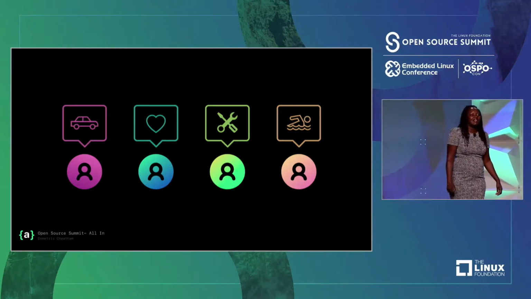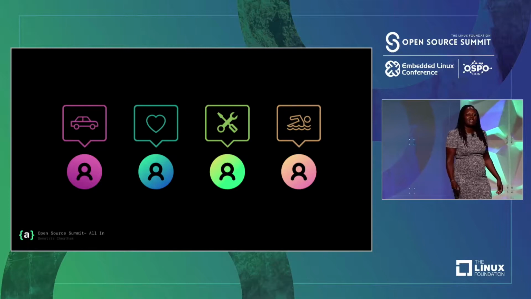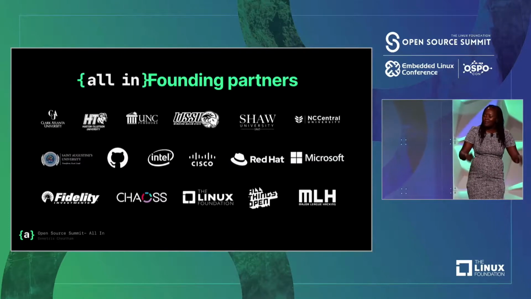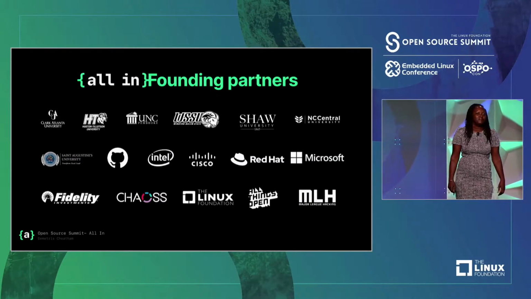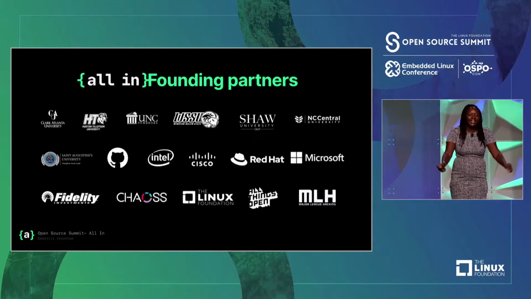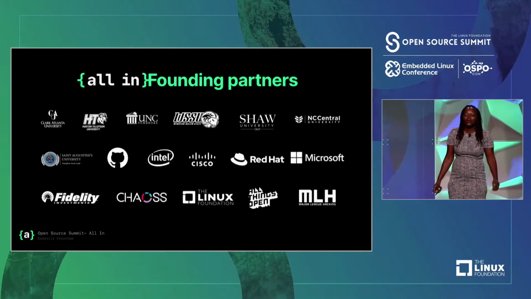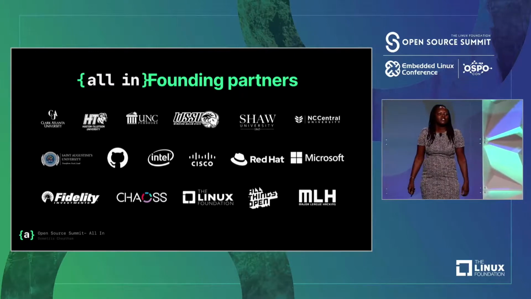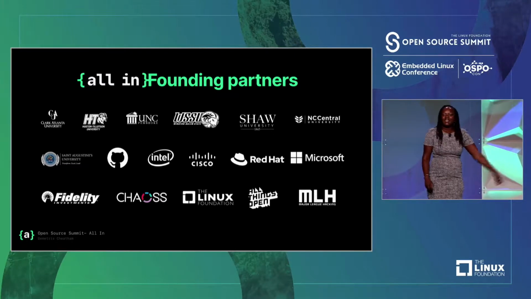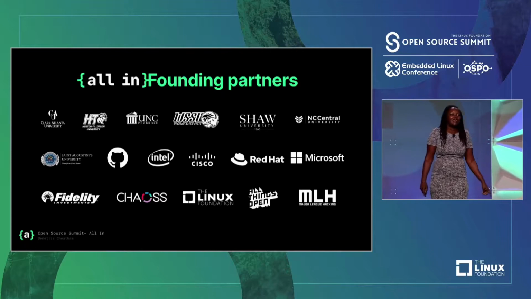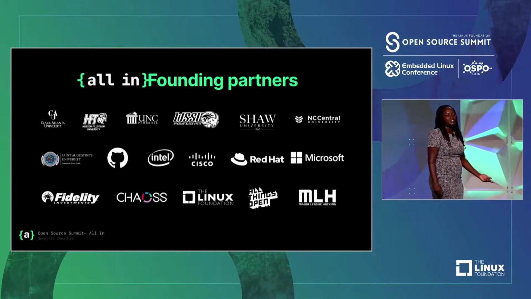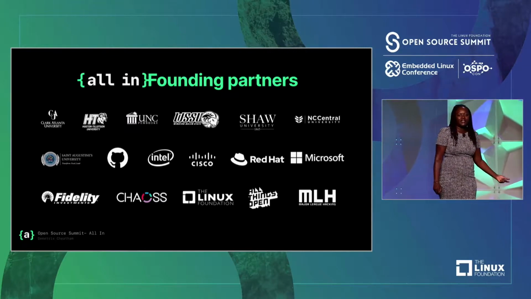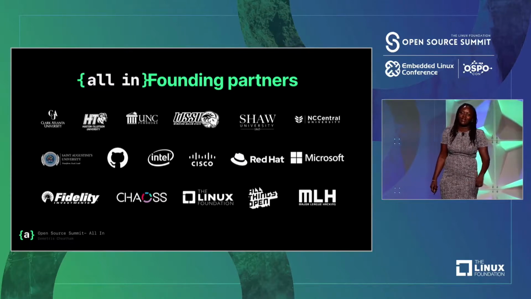And I am delighted that we are supporting these students through a collection of partners who said that they are all in, that they are going to be with these students from beginning to end to give them what they need to succeed in open source, to give them that opportunity, to give them that shot.